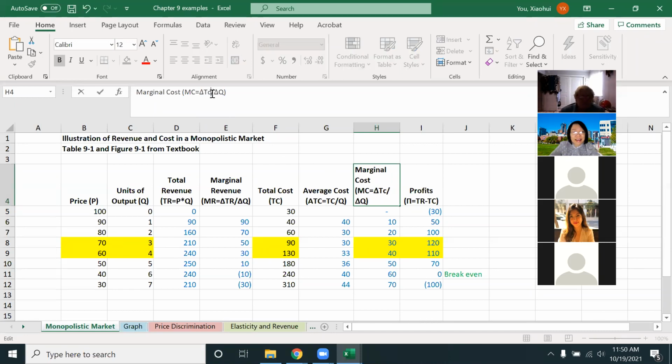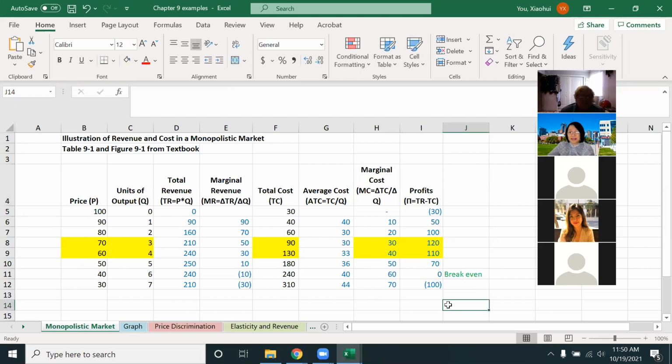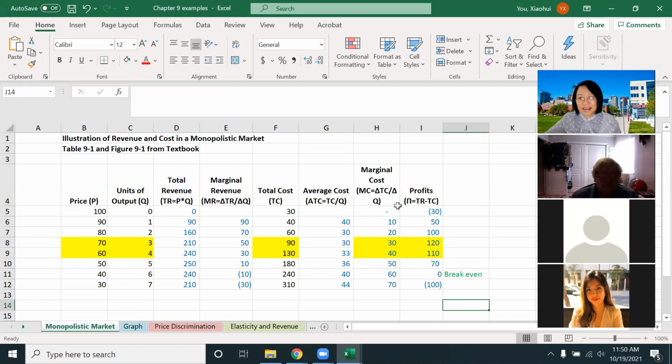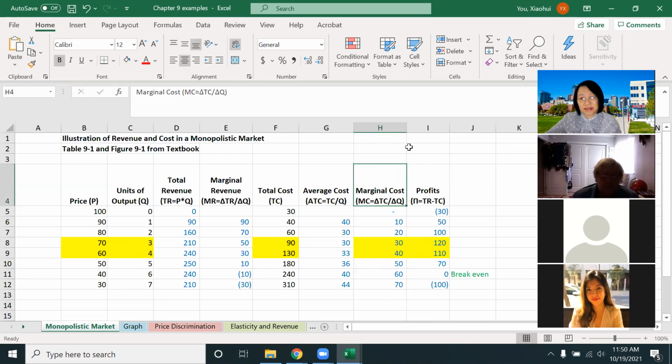See, for the marginal cost, it's the delta total cost over delta Q. So this is how to calculate marginal cost, just the delta total cost over Q. Then we can do the calculation.